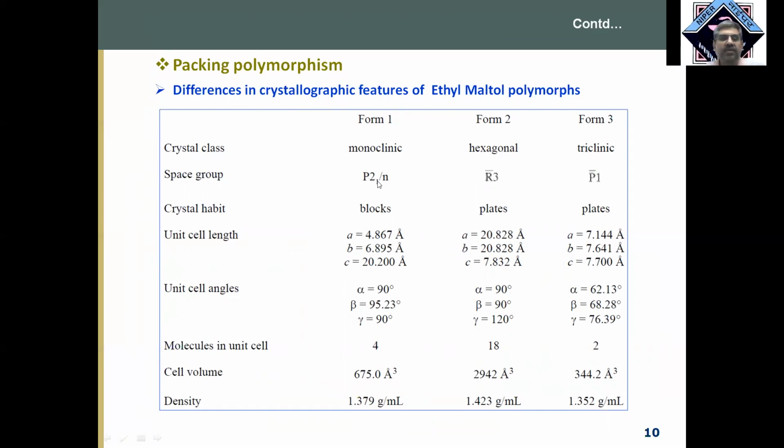These are the space groups, the crystal habits, unit cell lengths A, B, and C, unit cell angles, that is alpha, beta, and gamma, molecules in the unit cell 4, 18, and 2. This is the cell volume, and this is the true density of the polymorphic forms. Form 2 has the highest density of 1.423 grams per ml.